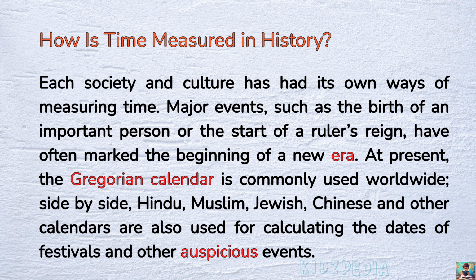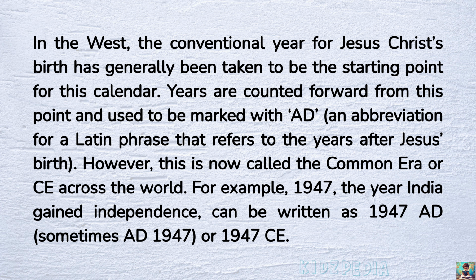In the West, the conventional year for Jesus Christ's birth has generally been taken to be the starting point for this calendar. Years are counted forward from this point and used to be marked with AD, an abbreviation for a Latin phrase that refers to the years after Jesus' birth.